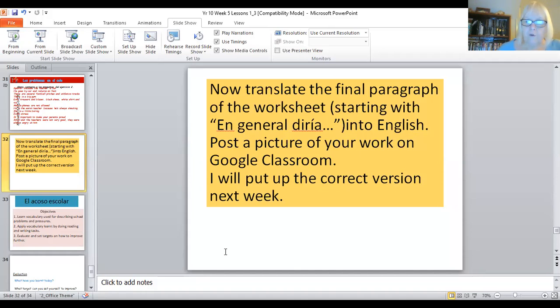All right, the fact that you've translated some of the sentences will help you, or you've answered questions on it rather, will help you. But I'd like you to do this translation, please pay attention to it carefully, make sure you've got your tenses right and the vocabulary is accurate. Okay, so once you've done that, we'll pause the video now, do that task, and I will see you afterwards.